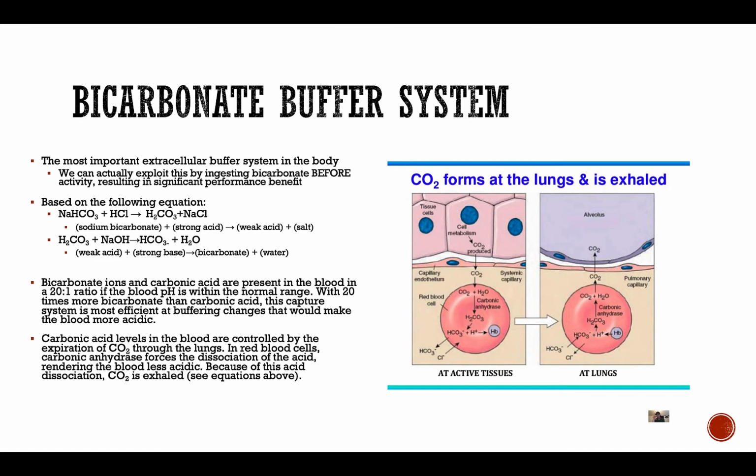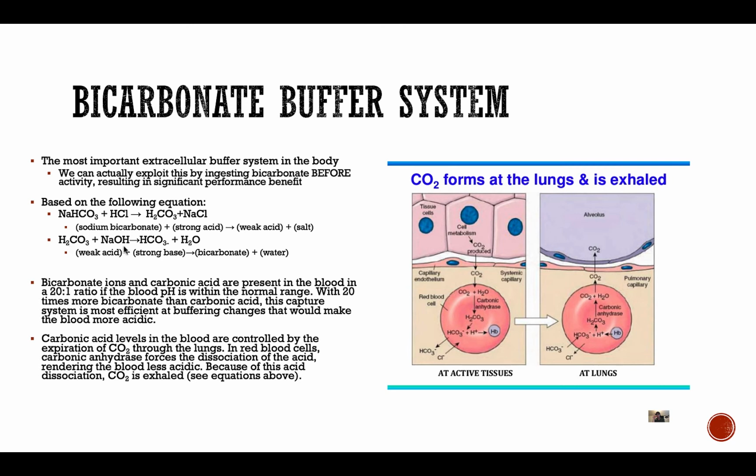Essentially, the way that the bicarbonate buffer system works is using these equations right here. Let's look at this second equation because this is more specific to the blood. The top one is how sodium bicarbonate works. Essentially, you have carbonic acid. Remember, as CO2 enters the blood, it combines with water, and we talked about this, it creates carbonic acid. Carbonic acid is going to be a weak acid.